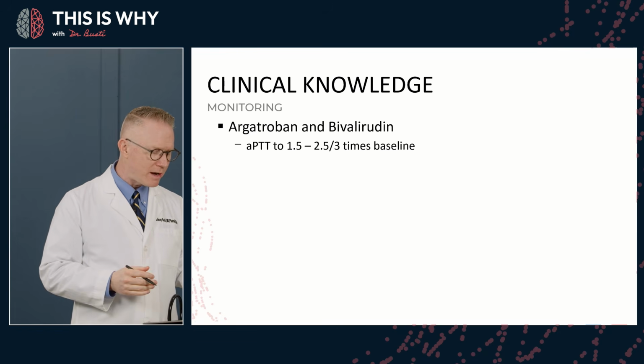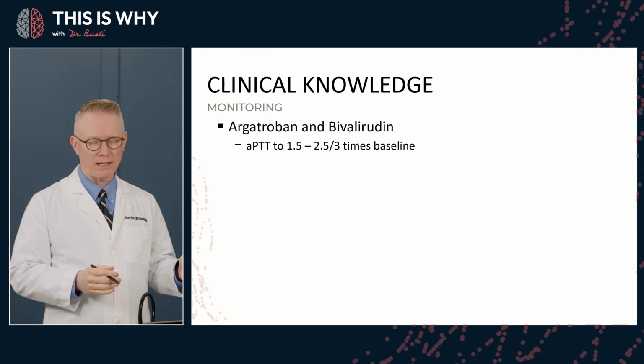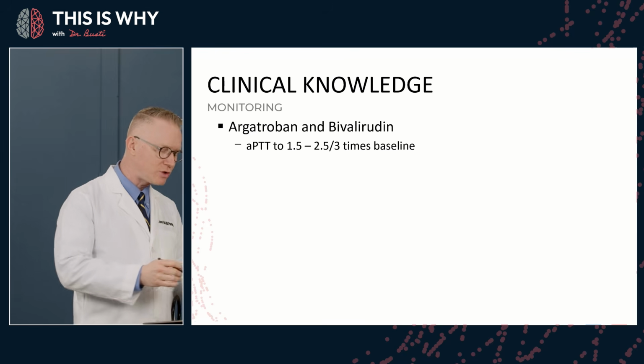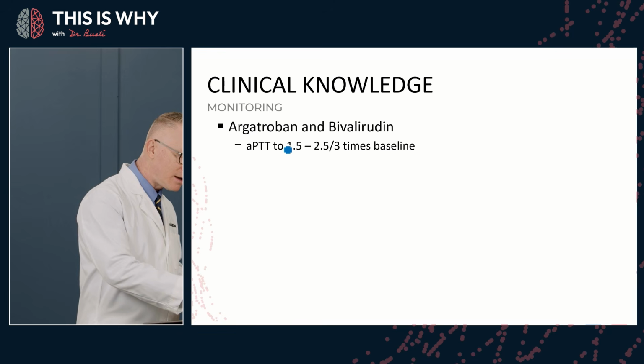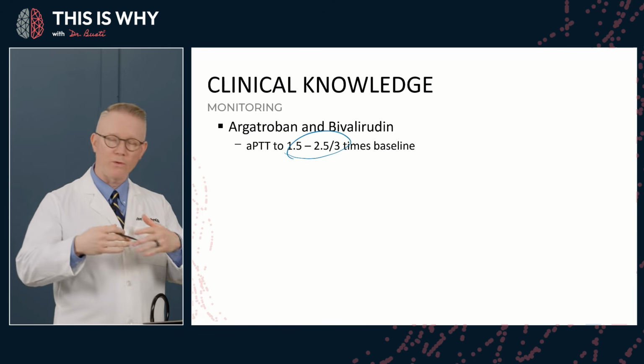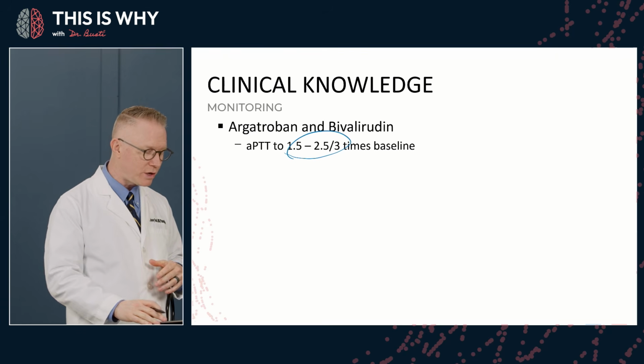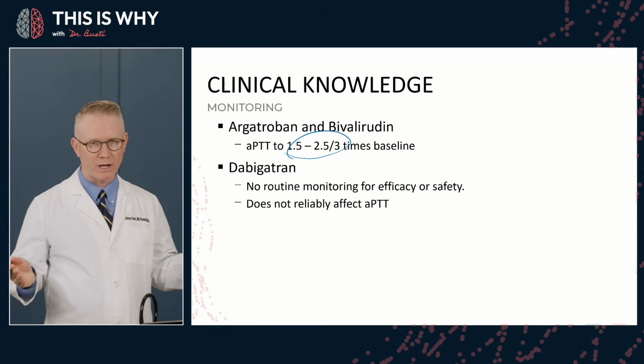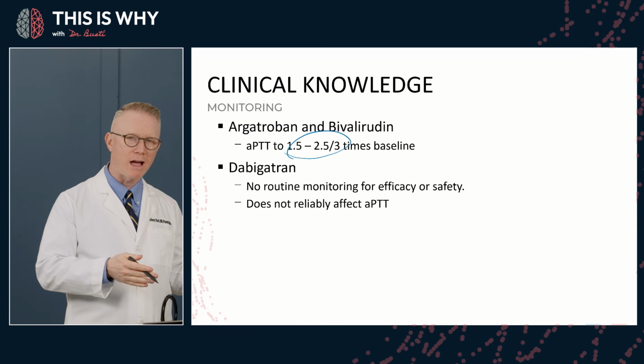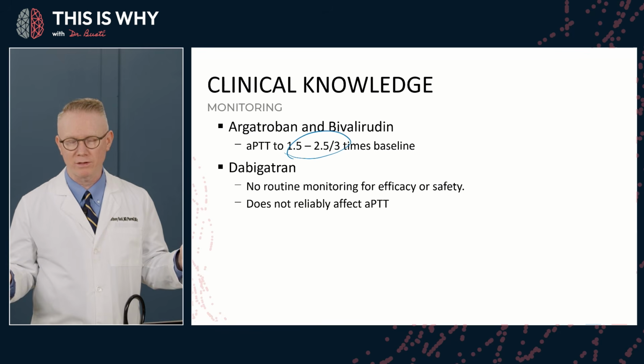Now, Argatroban and Bivalirudin use the aPTT of 1.5 to 2 times the upper limit of the normal from the baseline. That patient's baseline is kind of the goal that you are pursuing, okay? Now, Dabigatran, which is administered by mouth, doesn't have routine monitoring.